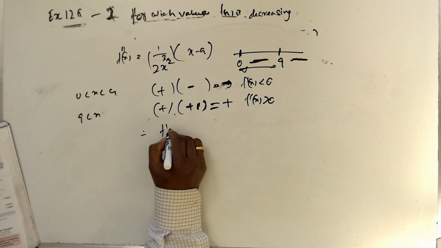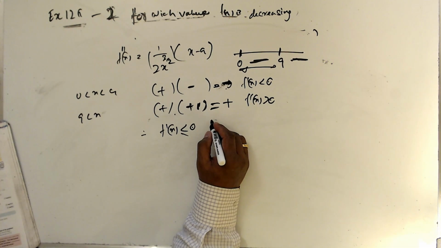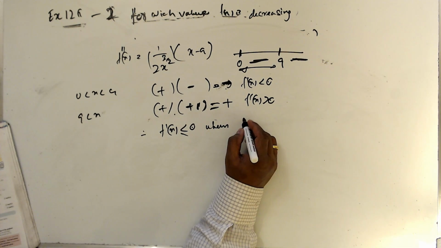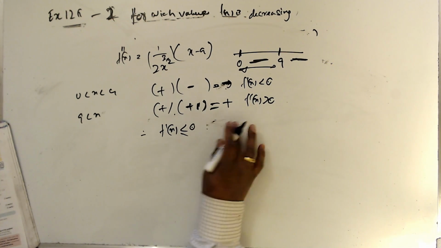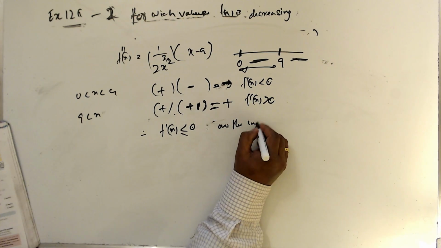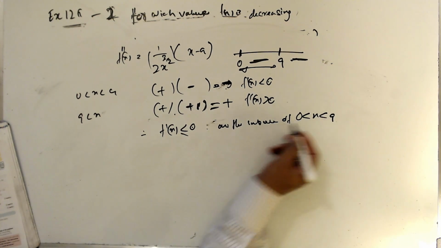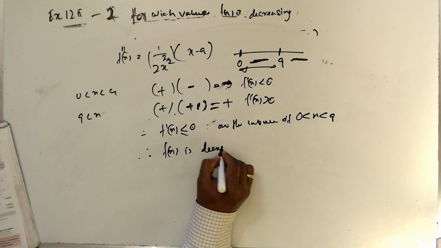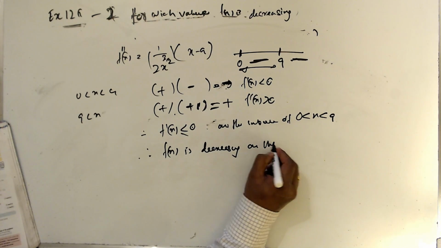Hence f dash x is less than 0 on the interval of 0 to 9. Hence f of x is decreasing on the interval 0 to 9.